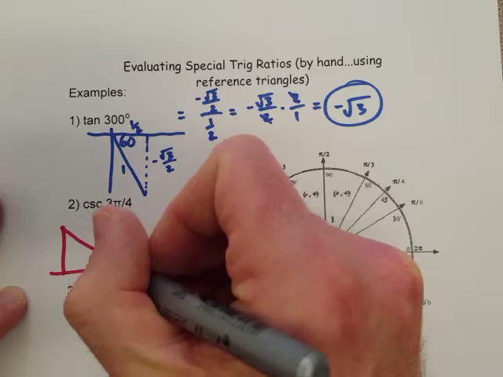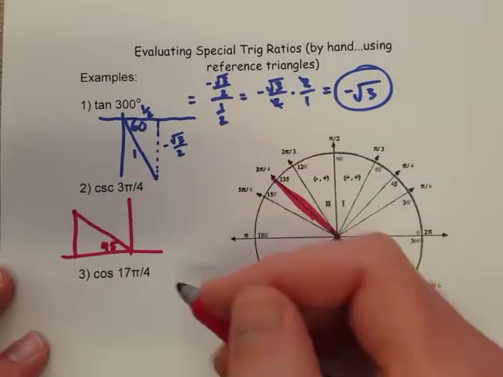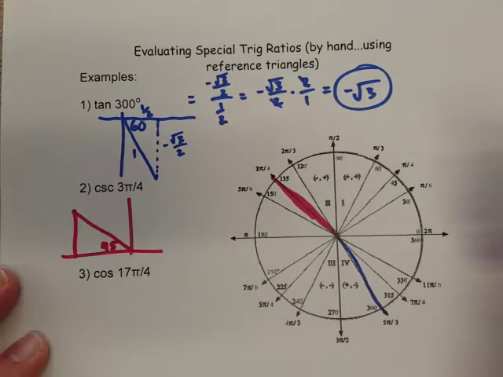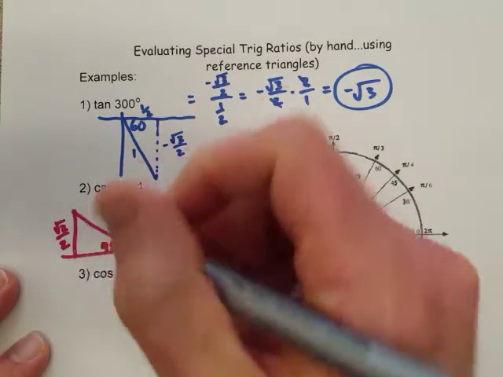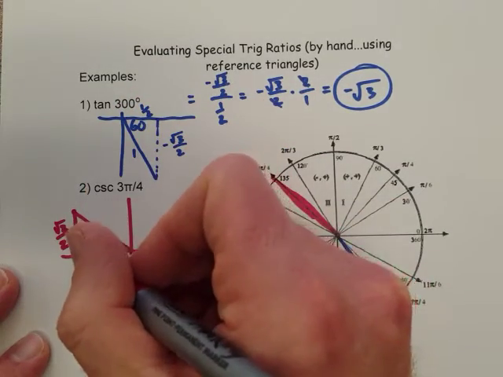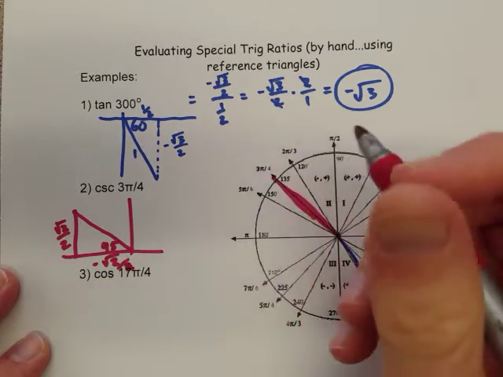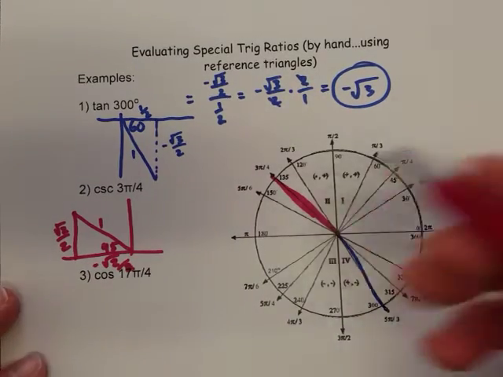It's not very good, but hopefully you get the idea. 45, and then we're going to label the sides. Now again, these sides are based on, we got square root of 2/2 for a couple of the sides. That's this one, and it's also going to include this one, but this is going to be negative since we're in the second quadrant, and then this side is 1. So we draw a separate picture for each and every one of them.